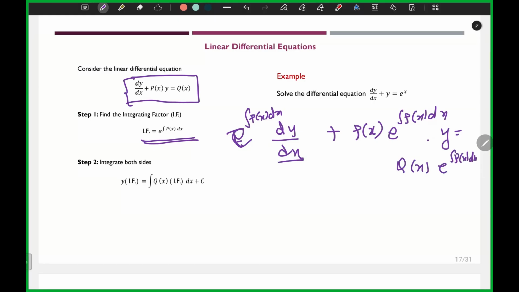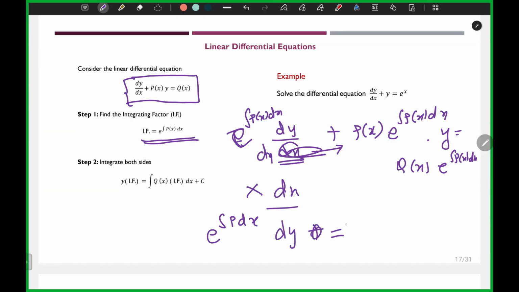So what do you do? e to the power integral P dx dy, plus, taking this on the opposite side, minus P(x) e to the power integral P(x) dx into y, plus Q(x) e to the power integral P(x) dx, and what do you multiply here? dx, right?